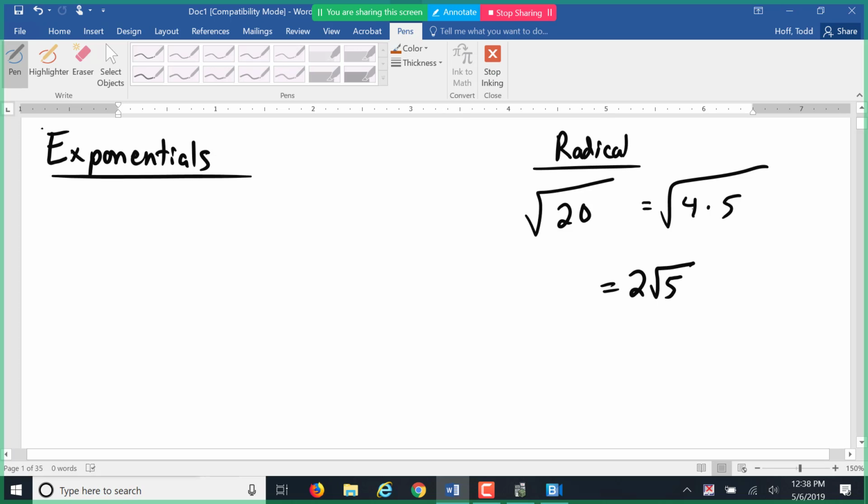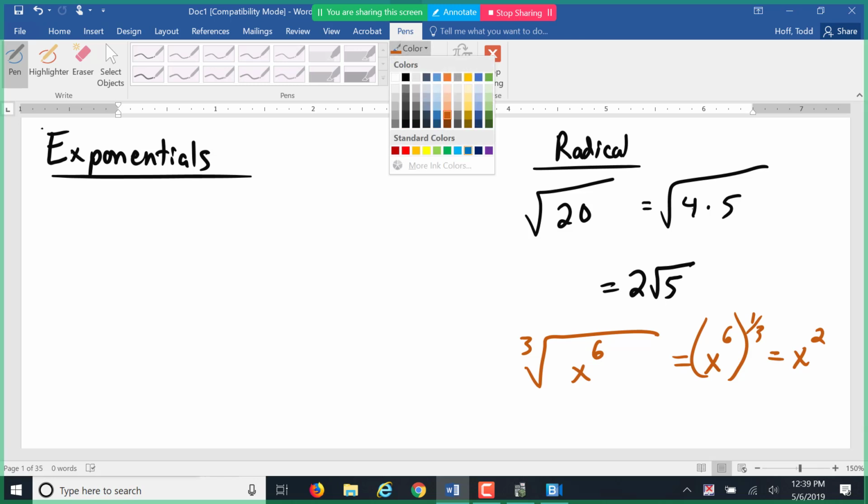We had things like the third root of x to the 6th. That third root was the same as having a power of 1/3. So we were able to combine the power with the index of the root to get that that's x squared.